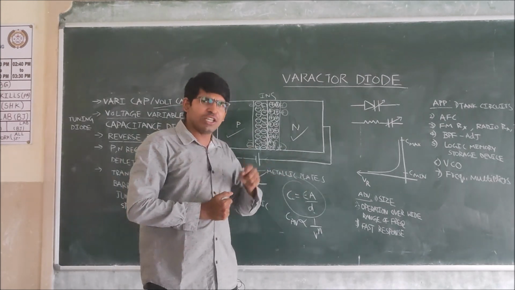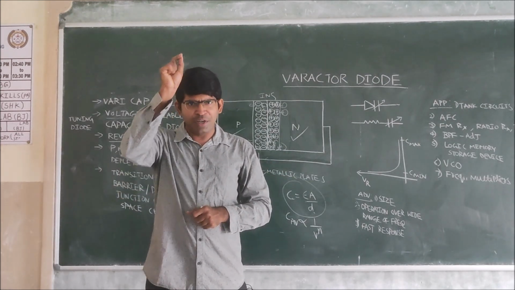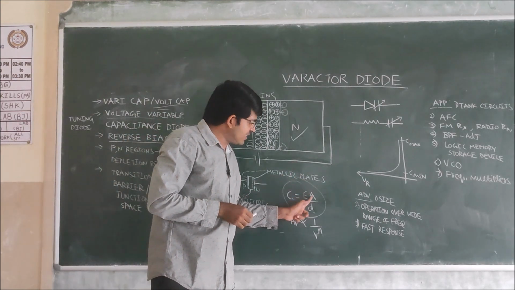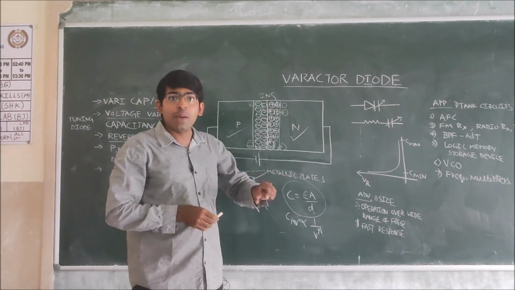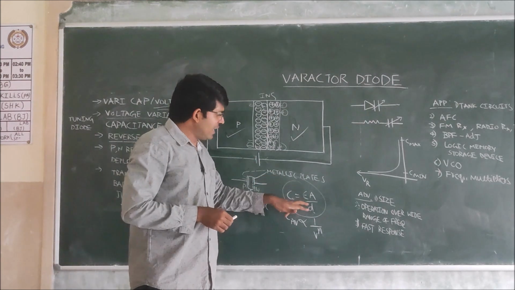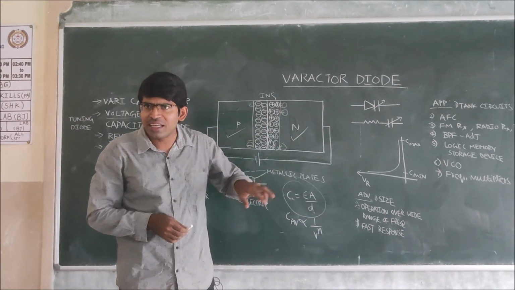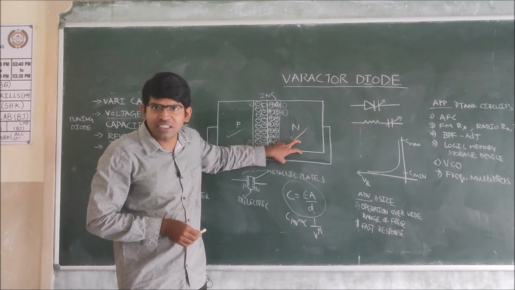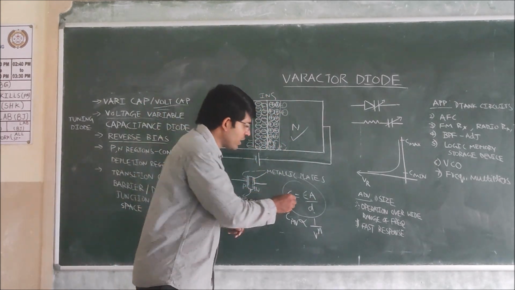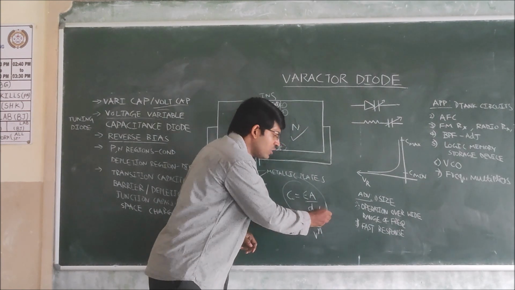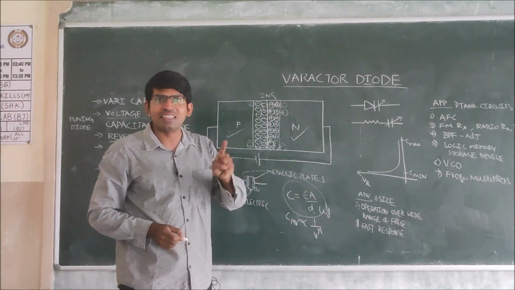A is the area of the PN junction and D is the distance between the two plates. Here D is nothing but the width of the depletion region.